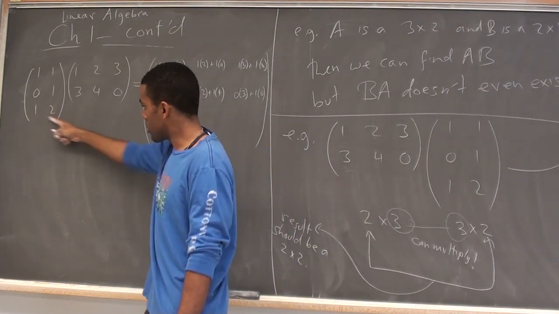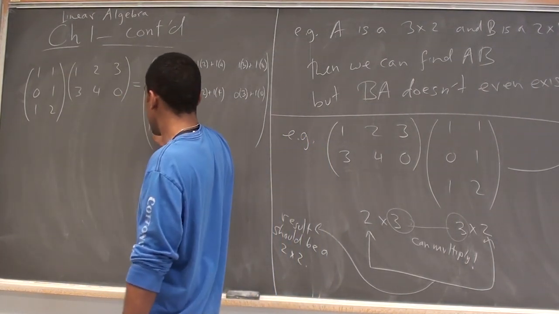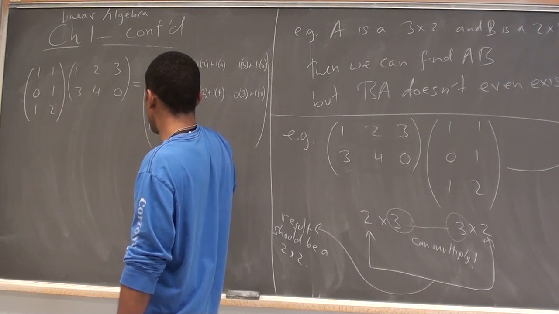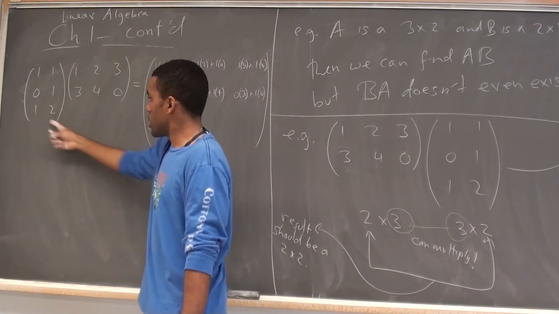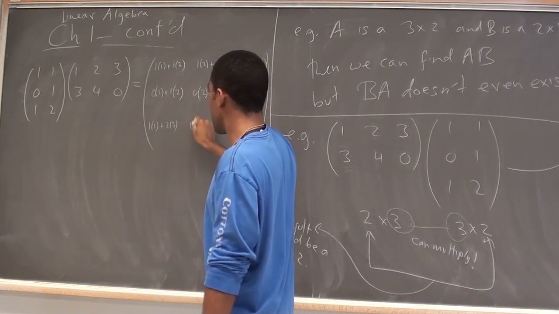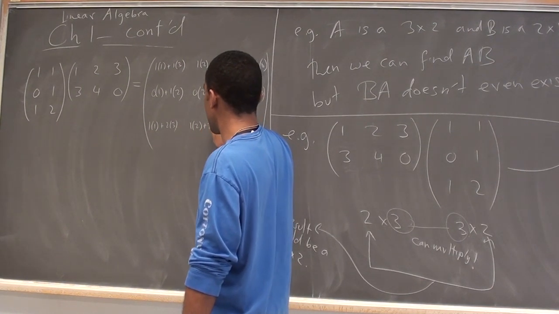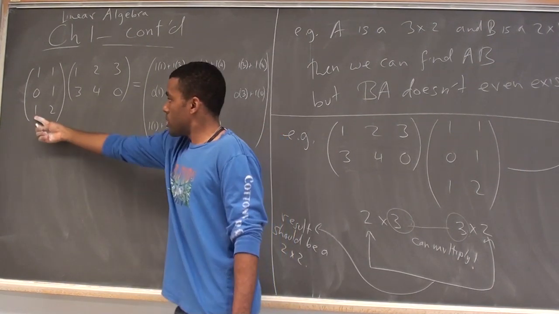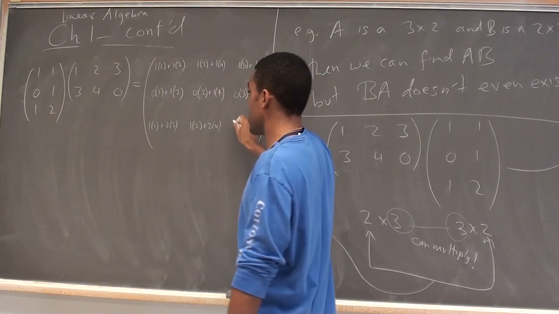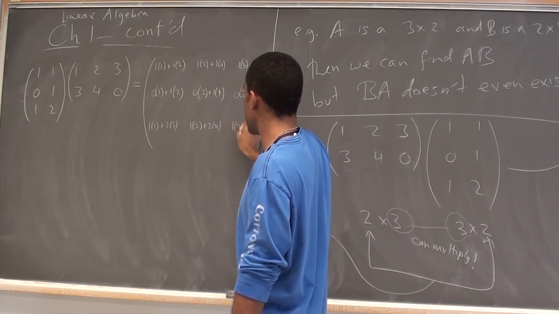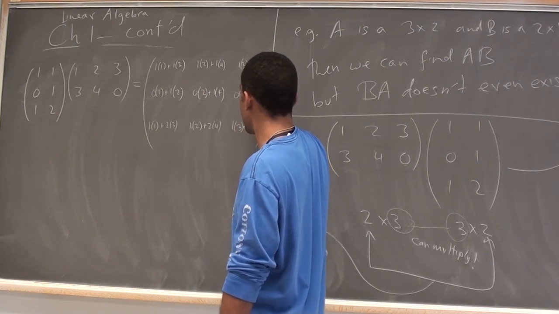Repeat with the last row. This row times that column, 1 times 1 plus 2 times 3. This row times the second column, 1 times 2 plus 2 times 4. Last row times the last column, we have 1 times 3 plus 2 times 0.